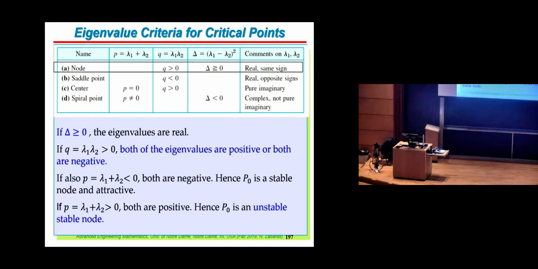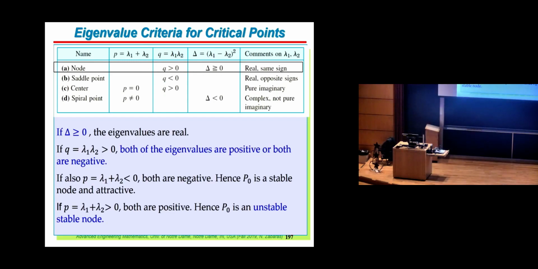So let's take another situation now. Let's take that delta is greater than or equal to 0. So basically, the eigenvalues here are real, right? So we have this out of the way. If we take Q to be positive, Q is the product of the eigenvalues. So if they are real and it's positive, it means either both are positive or both are negative, right?